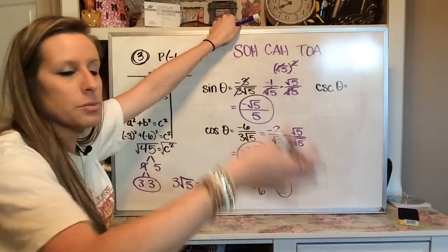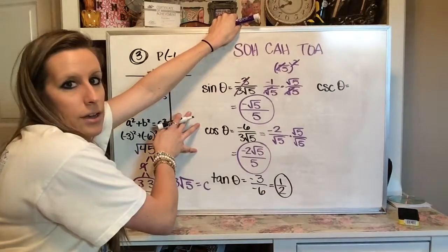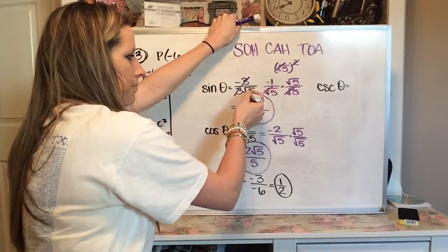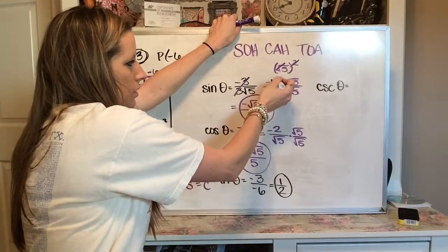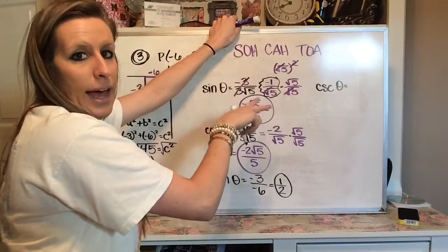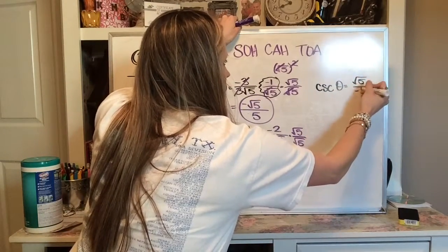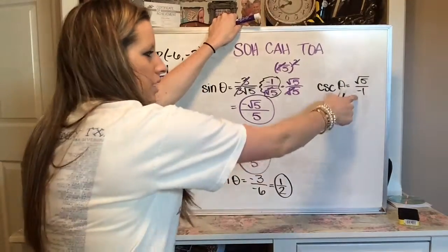And then I'm going to have to multiply by the same radical to the top and bottom like we did over here. So what I would do is take, see how we reduced that fraction to a negative 1 over the square root of 5? If I flip that, now I have square root of 5 over negative 1, and I don't have to multiply by a radical to get rid of it.